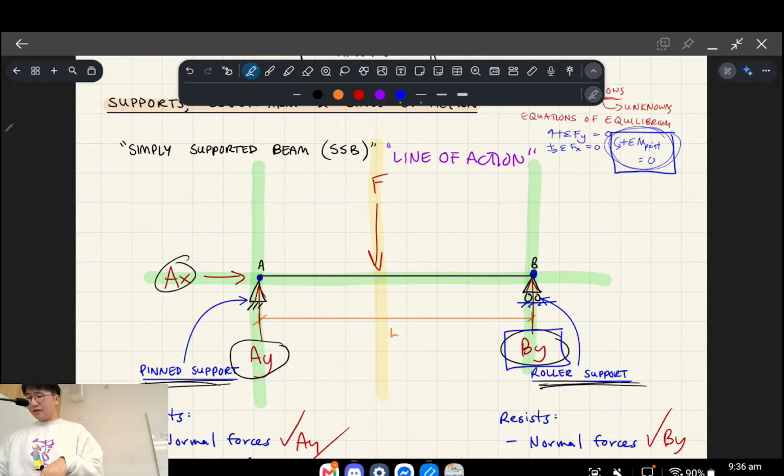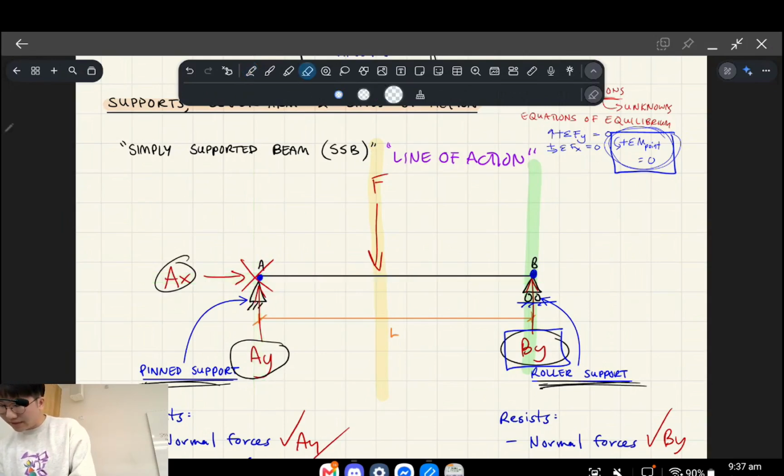Where we want to take the moments about will be where it cancels out the other unknowns, and that point specifically is here at A. The reason is that if you look at all of these green lines, the lines of action of our unknowns, that's where all but one of the green lines intersect. I'll tell you why that's important in a second.